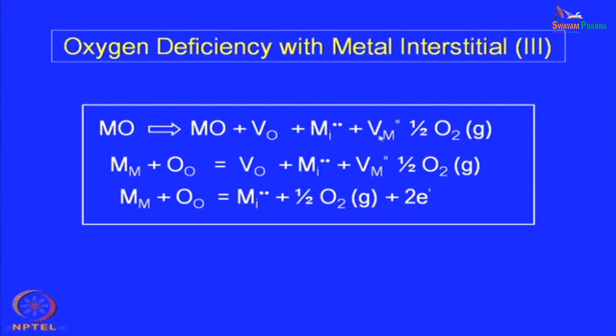This denotes what is happening physically in the lattice, and then with both charge and mass balances, finally this is the equation one has to write for this reaction. But in both cases it is oxygen deficient. Okay. The ratio of metal to oxygen is more than 1.